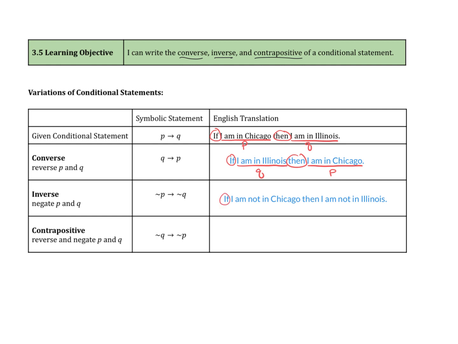So we kept the same if-then format. We kept P in the front, but we negated it. So not P. And then the second part is instead of "I am in Illinois," "I am not in Illinois." So both P and Q got negated, but they stayed in the same order as the original statement.